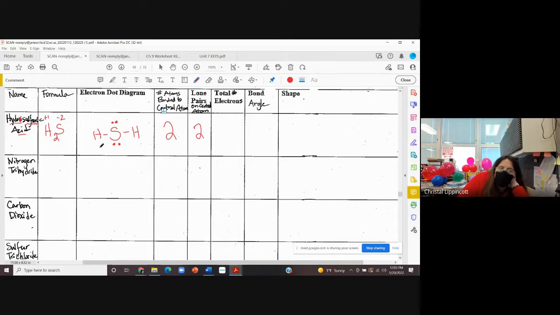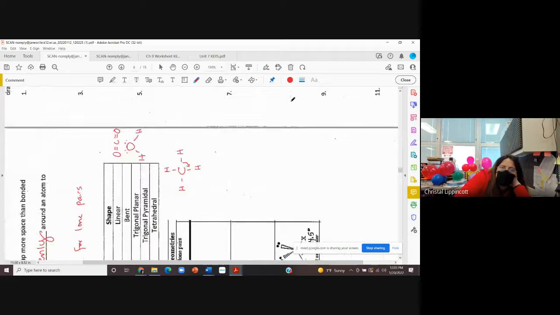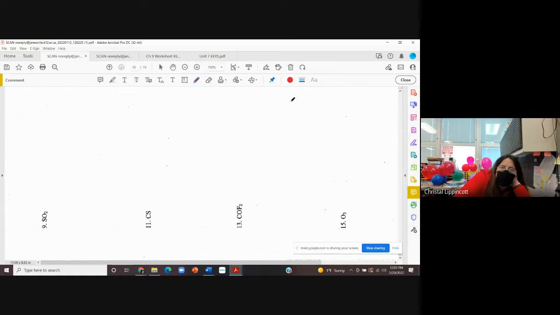How many total number of electrons do I have? 2, 4, 6, 8. And then my bond angle here is going to be what? Well, we need to go back up to our chart. What shape is this guy? Let's skip over to that first. Let's look again at our chart here. Oh, it didn't save for me.